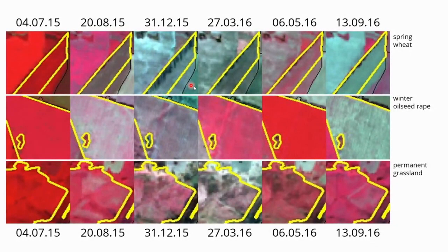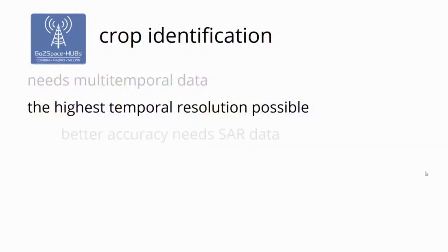So we can see how it changes differently for different crop types. Analyzing those temporal series, those temporal profiles, we can get the information on crop types. Sometimes it's easy, sometimes it's not. But this is how it works.